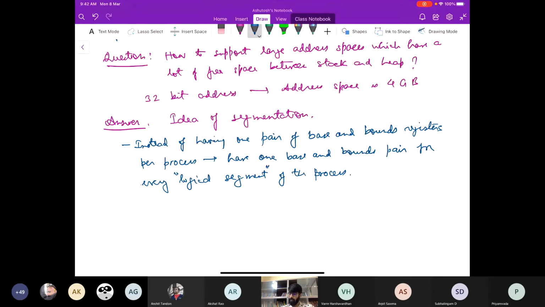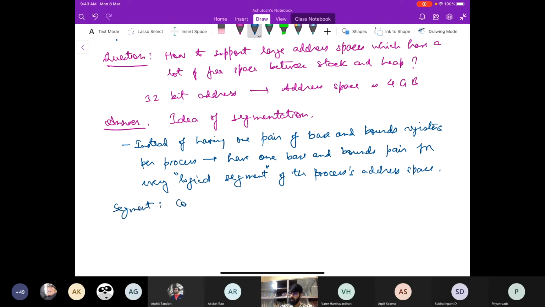And one basic idea is going to be that instead of having one pair of base and bounds registers per process, have one base and bounds pair for every logical segment of the process address space. And what is a segment?